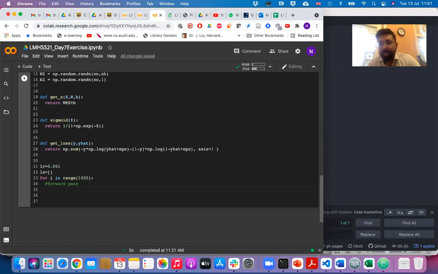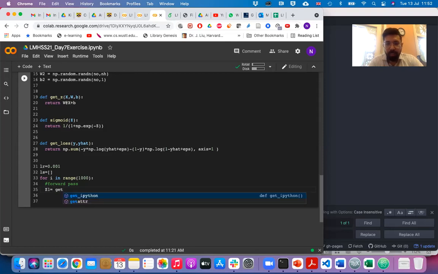Remember, the output of linear layers, we call them Z, and the output of activation layer, we call them A. So what would be the output of the first linear layer? Z1, right? Because it's Z and it's for the first layer. You can call it Z superscript 1, but I'm just going to use notation Z1.